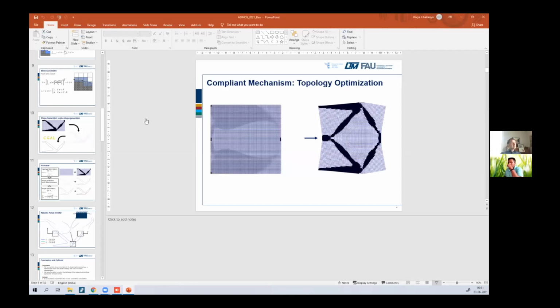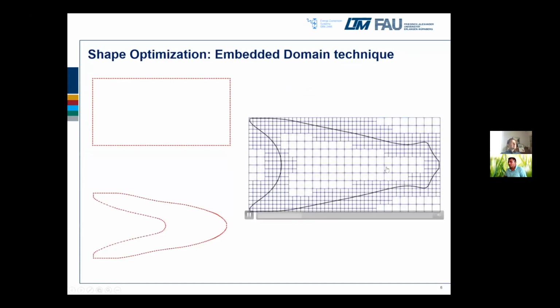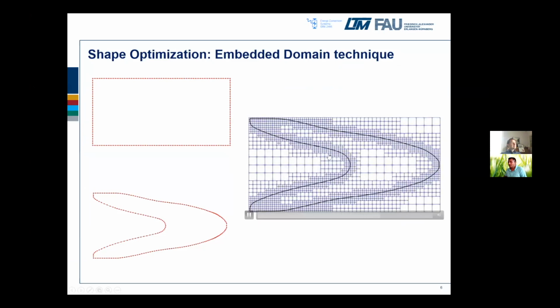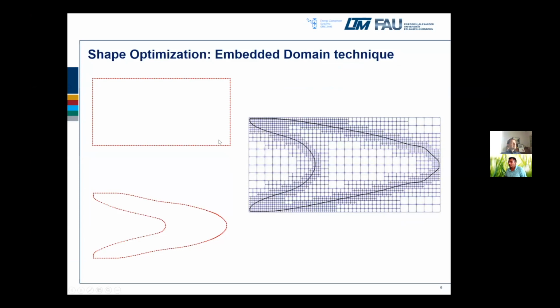In topology optimization, we are basically varying the densities of each finite element, and based on that we optimize the material distribution, where exactly the material should be to meet our response. And in shape optimization, we are basically moving the nodes of the geometry to achieve a certain performance.